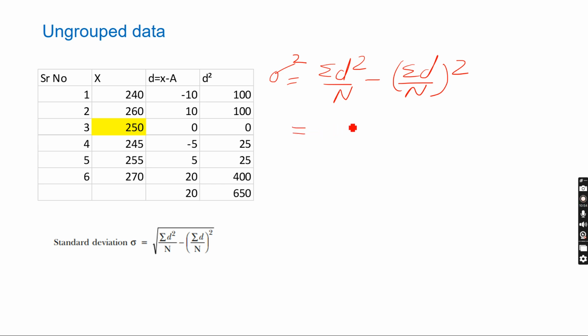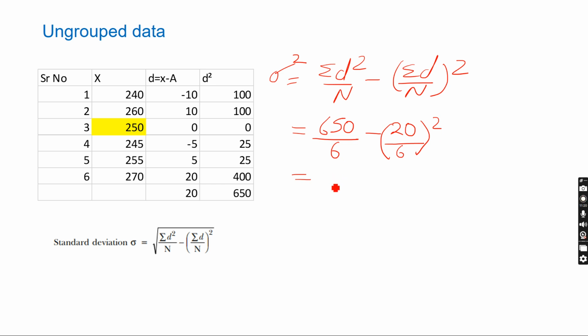So let's calculate. Summation d square is 650 divided by 6, that is the number of observations. Summation d we calculated was 20 and the number of observations is 6. Remember, this comes in brackets, the whole square.